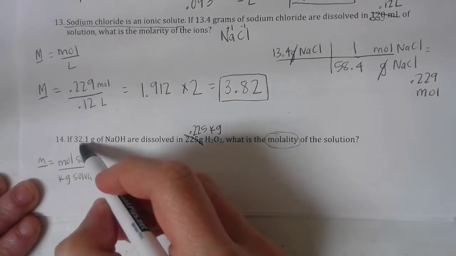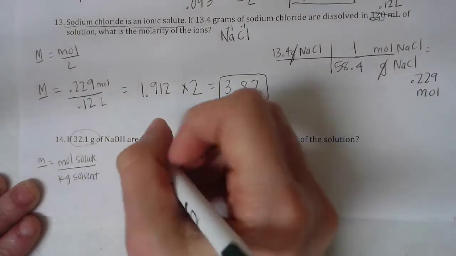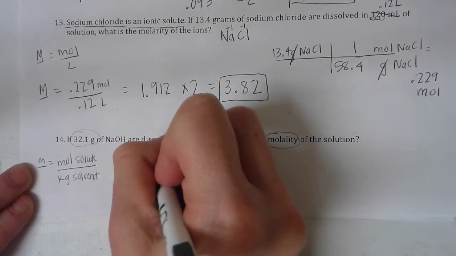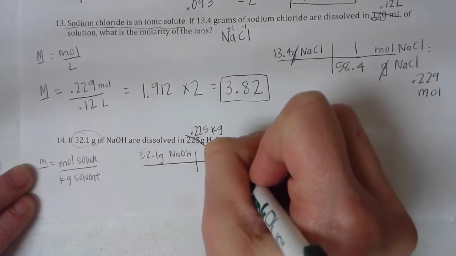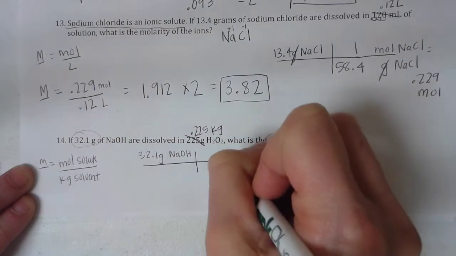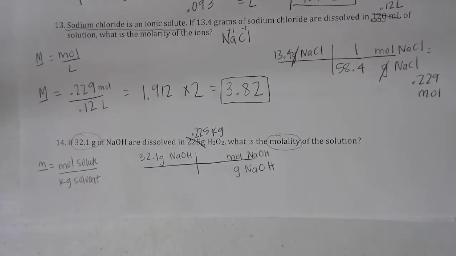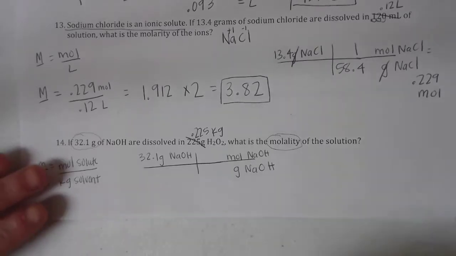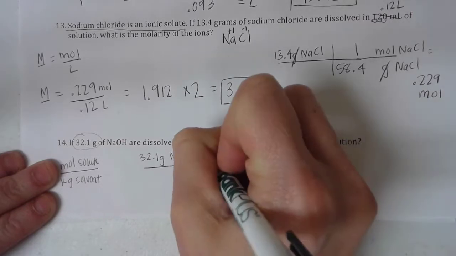Now the next thing I have to do is change my sodium hydroxide into moles. So I'll do that really quick. 32.1 grams sodium hydroxide. And we're going to change that into moles of sodium hydroxide and cancel out my grams on the bottom. So sodium hydroxide is 39.99715 grams per 1 mole.